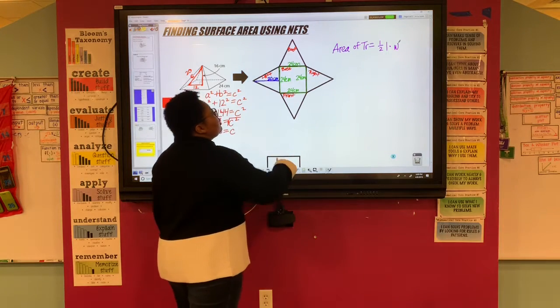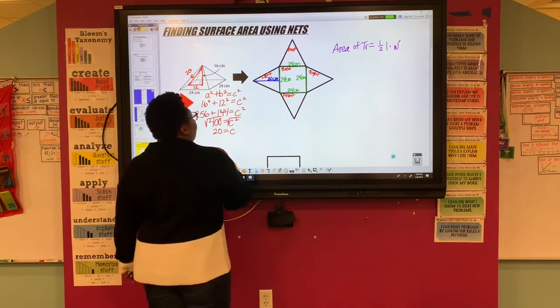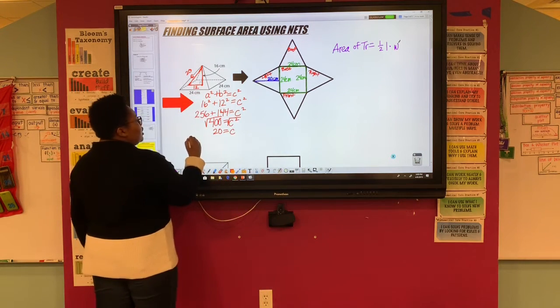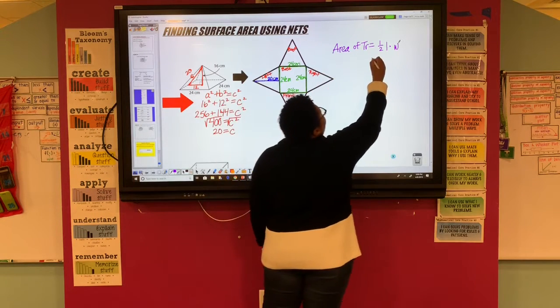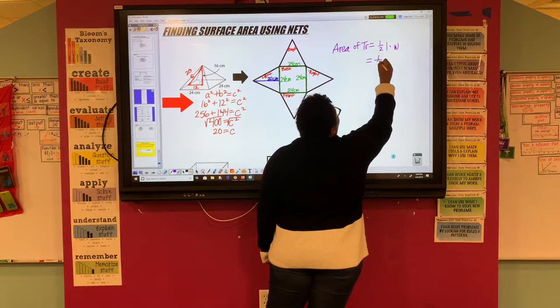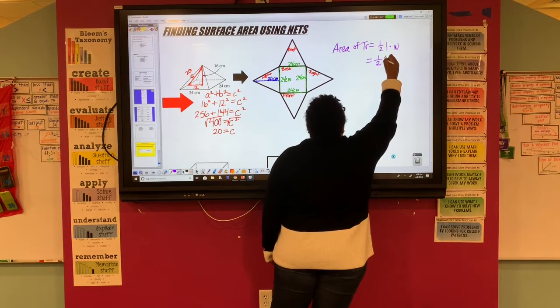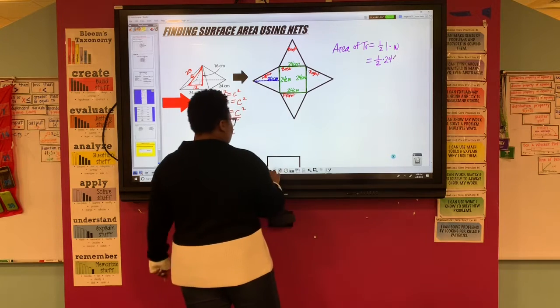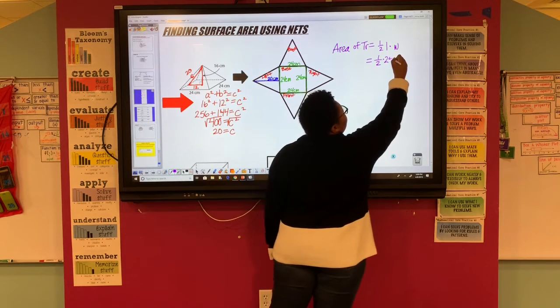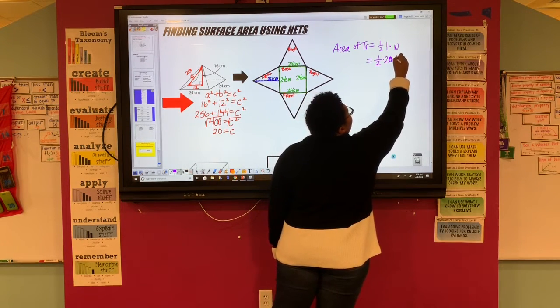So I'm going to multiply that. I have the area of my triangle. I have 1/2 length times width. So I'm going to do it up here. 1/2 length, 24 times my 20 times 24.